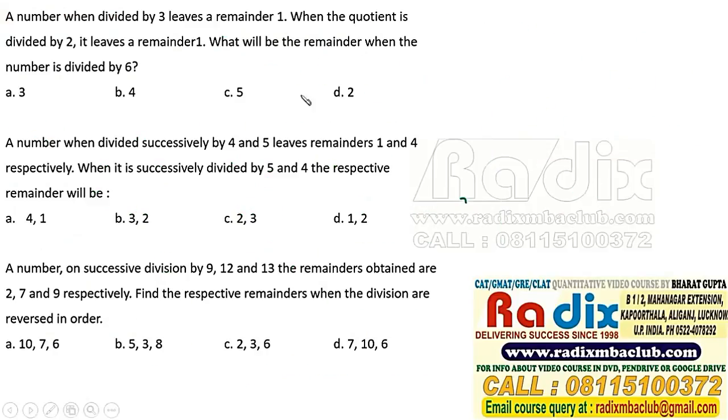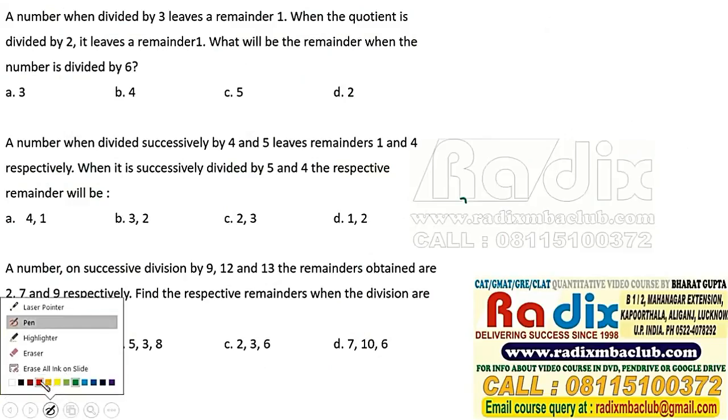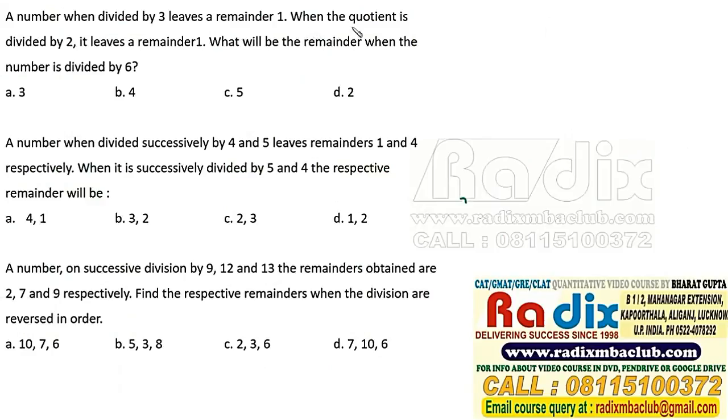Okay, now let's solve some questions on this. A number when divided by 3 leaves a remainder 1. When the quotient is divided by 2, it leaves a remainder 1. So only two conditions are given: divided by 3 remainder 1, divided by 2 remainder 1.